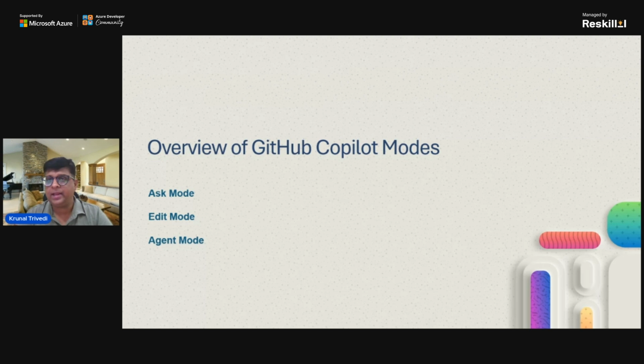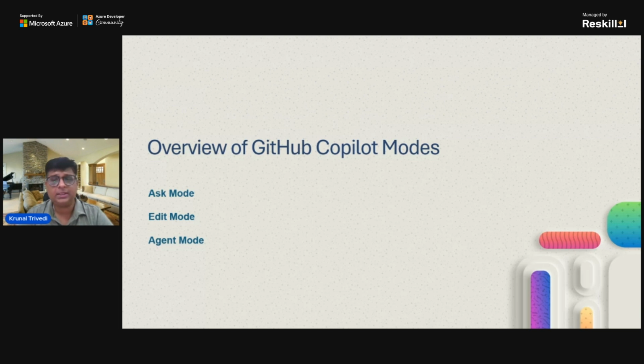For example, can you go to this particular file and explain this code block to me? Or can you tell me what commands there are to list out the directories, or list out the current Angular CLI commands? Can you list out current PowerShell cmdlets? So you can ask the questions over there, and it explains to you. That is ask mode.